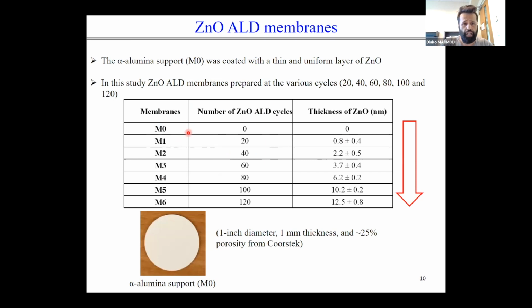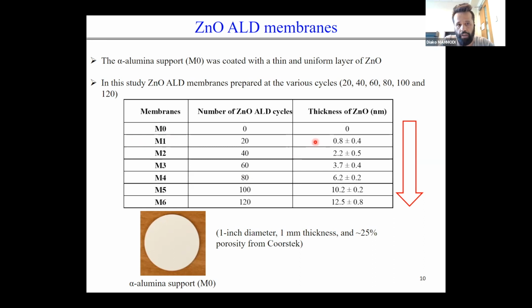Here is our membrane. The first one is pristine alpha alumina. It's a disc with 1 inch diameter, 1 millimeter thickness, and the porosity is 25%. Okay, and then we modified these membranes by coating various cycles of zinc oxide, various thicknesses of zinc oxide from M1 to M6.